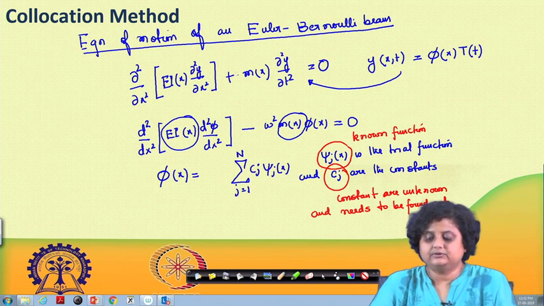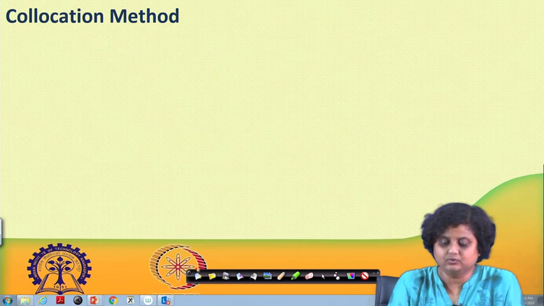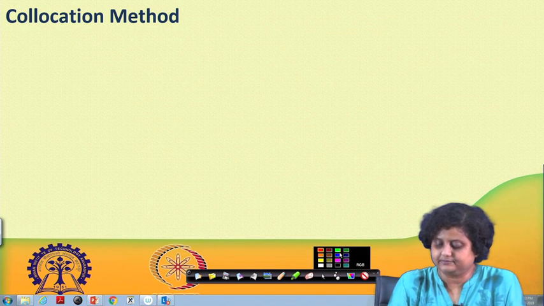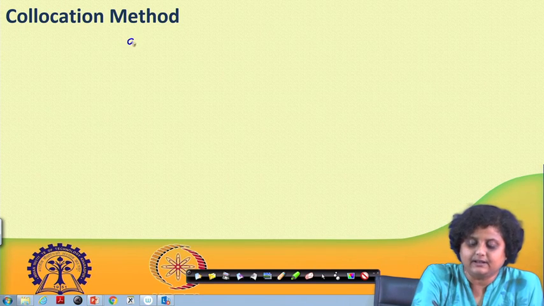So now let us start by finding out the C_j. If I plug that into this equation, I will have d2 dx square.